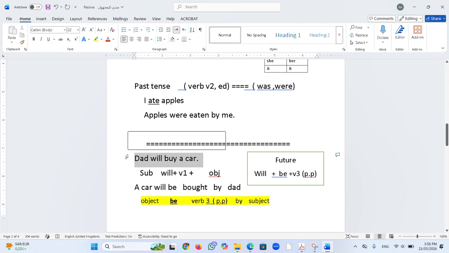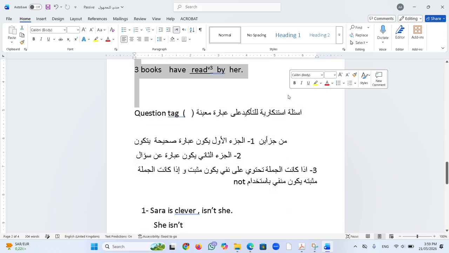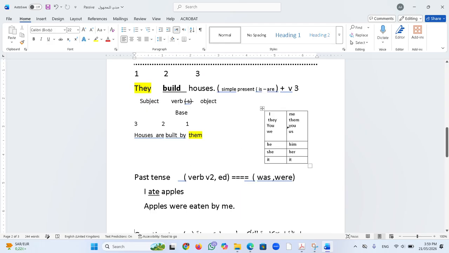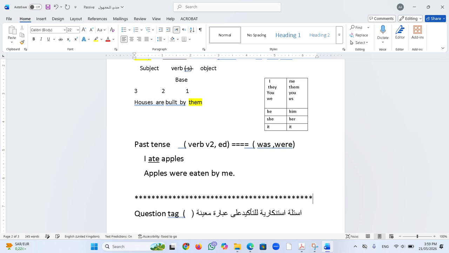Go to the next example. You are not required to study the future tenses. You are only required to study simple present and simple past. Okay. Now let's take another structure. Structure number 2.